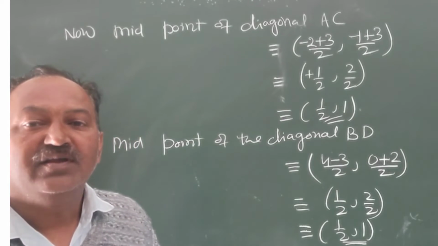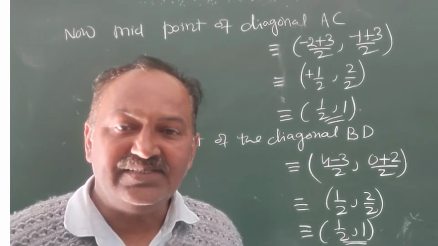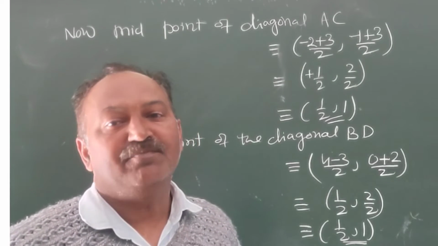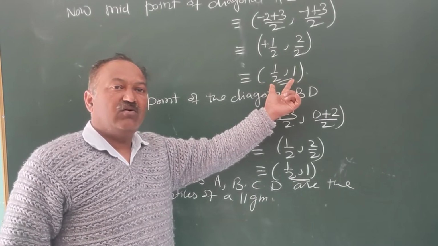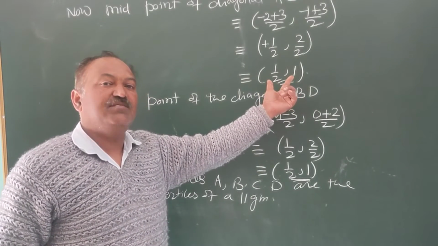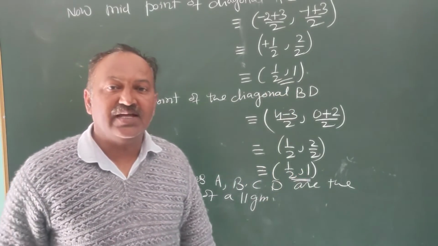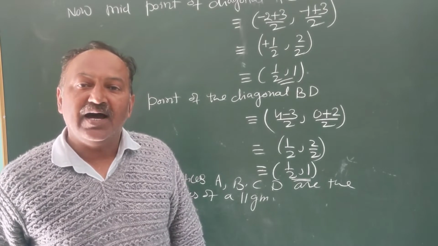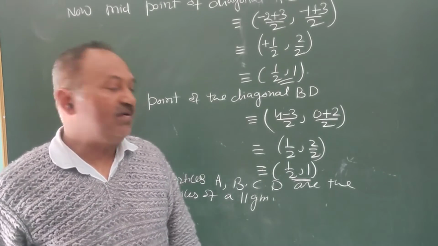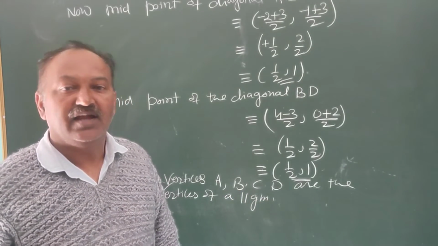Therefore, opposite sides are parallel and midpoints bisect each other. Hence, it is a parallelogram. Hence, A, B, C, D are the vertices of a parallelogram. Hence, the result. And that's all.